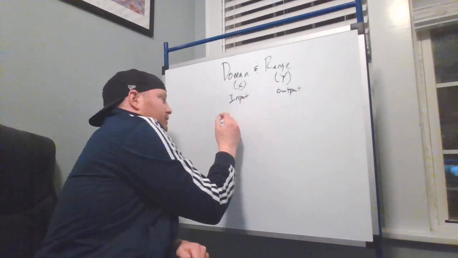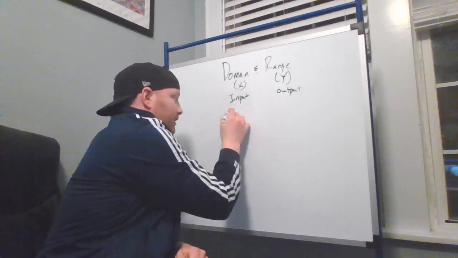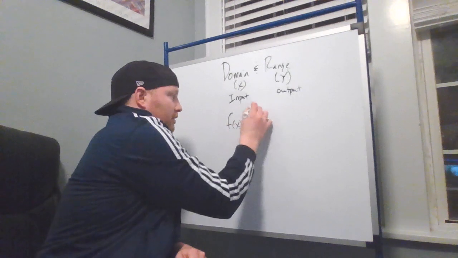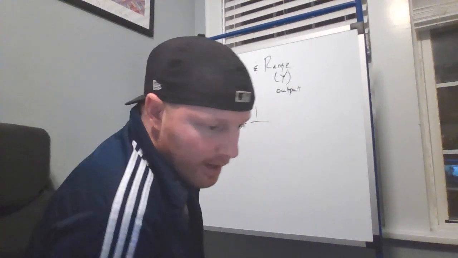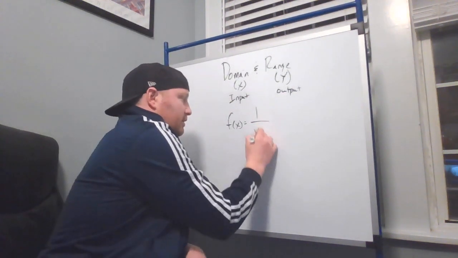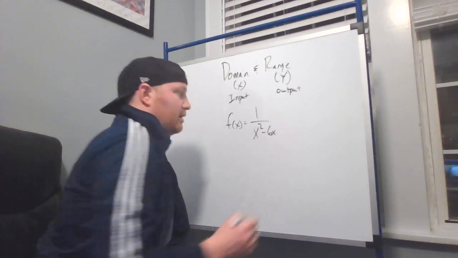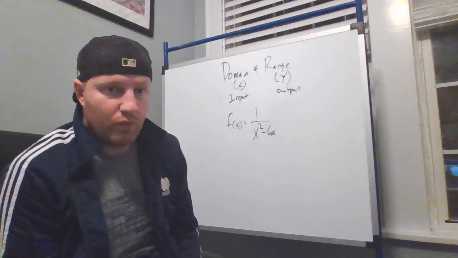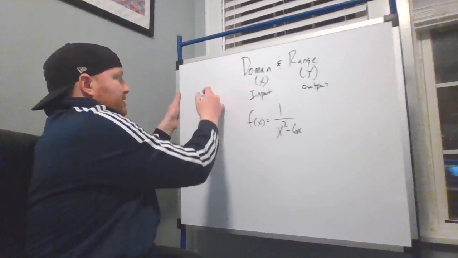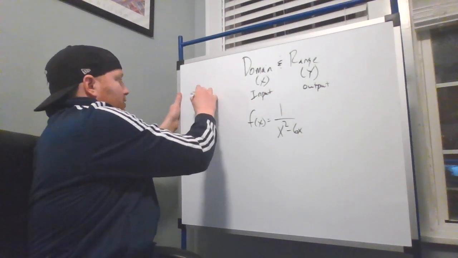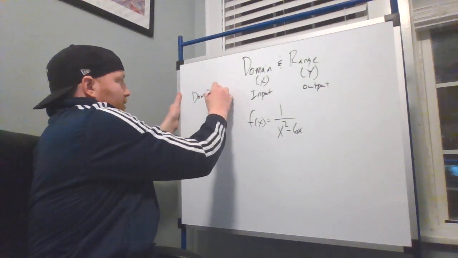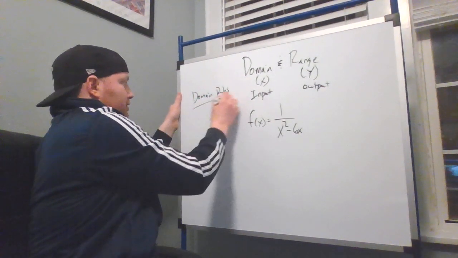Now I'm going to do some denominator functions where we are bound by a few more rules. All right. Our one rule for a domain, let's put some rules off to the side for this, okay? Domain rules.